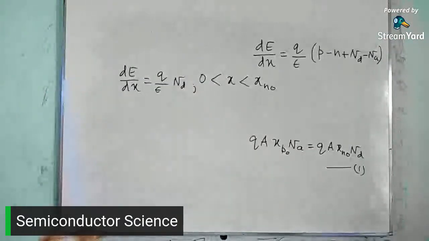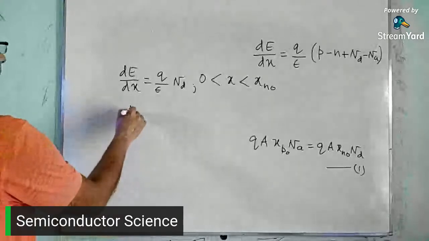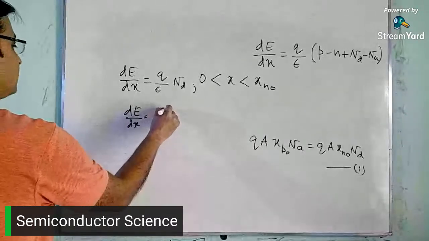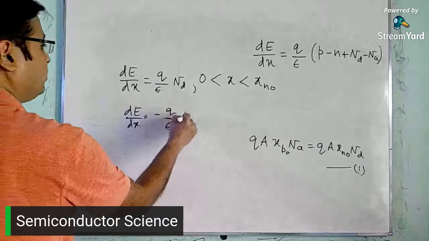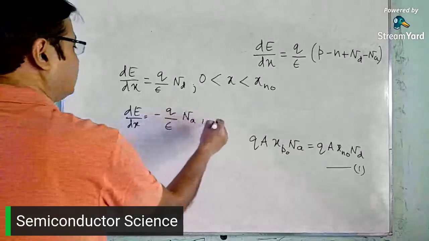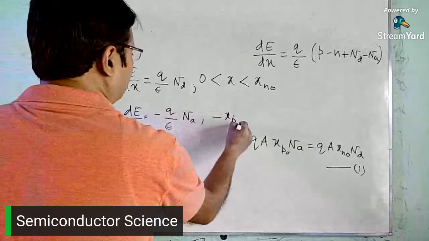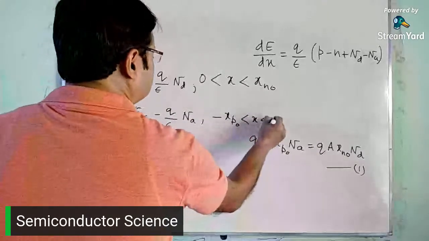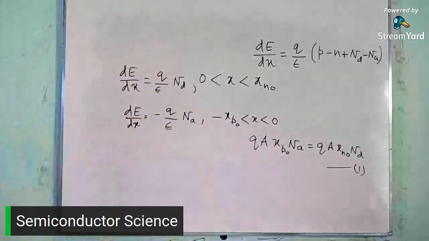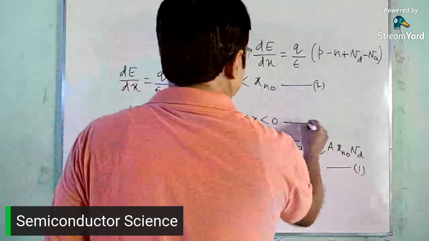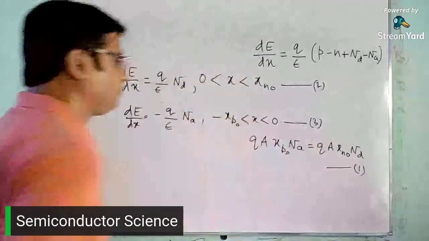And for the p-type side, this will be dE/dx equals minus q by epsilon into Na, and this is actually in the layer minus xp0 less than x less than 0. Okay, so let these be equations 2 and 3.